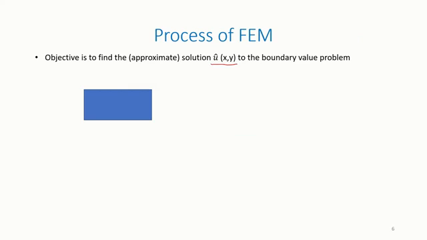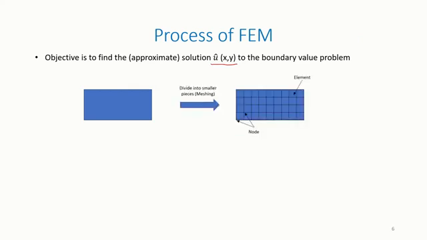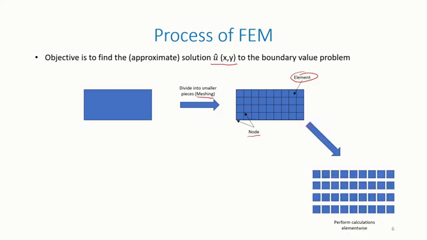Let me remind you that the objective here is to find the solution u for the boundary value problem in this domain. In the first step, we divide our original geometry into smaller pieces. Each smaller piece is called the element and all the intersection and corner points are called the nodes. The process of dividing itself is called meshing and it is one of the key steps in FEM. After meshing, we consider one element at a time and perform calculations.